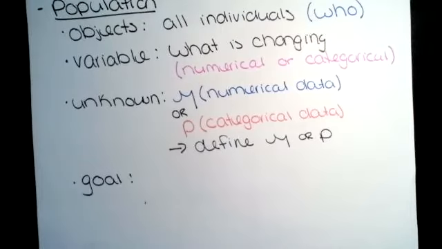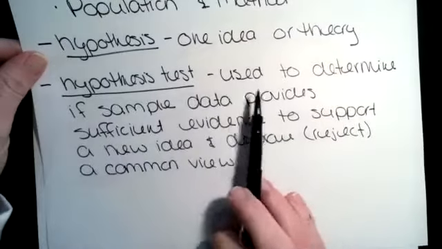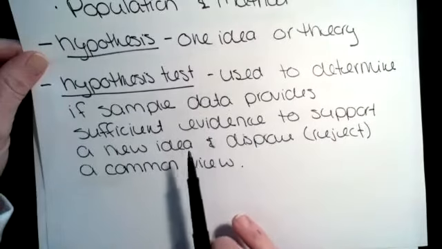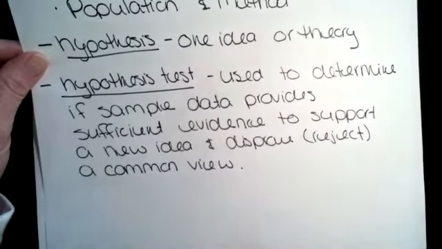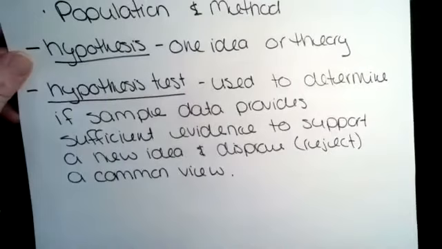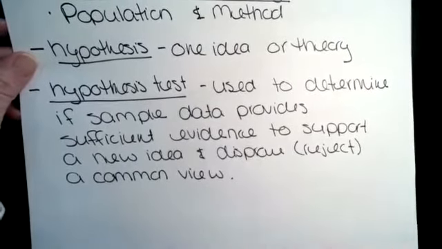Well, if you remember what the hypothesis test says here, it's used to determine if sample data provides evidence to support the new idea or disprove, or reject, that common view. So I want to find evidence, I'm sorry, our data is our data.